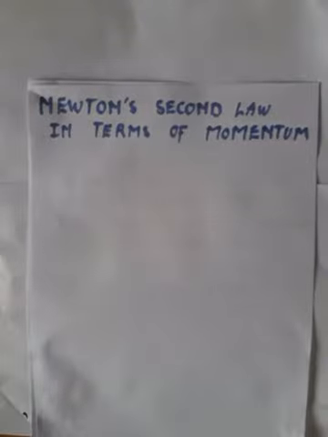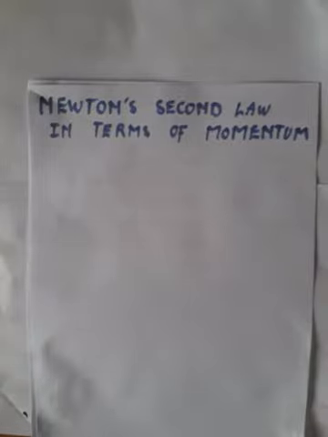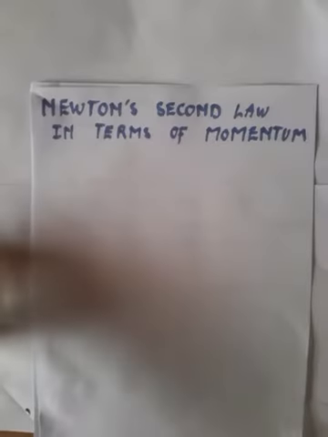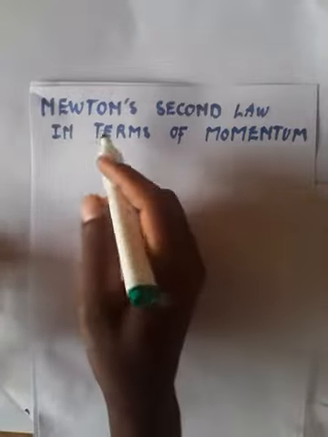Hi guys, so in today's video we're going to do Newton's second law in terms of momentum. If you still remember correctly, in our first videos we did a revision where we covered Newton's second law, Newton's first law, Newton's third law, and Newton's universal law of gravitation.